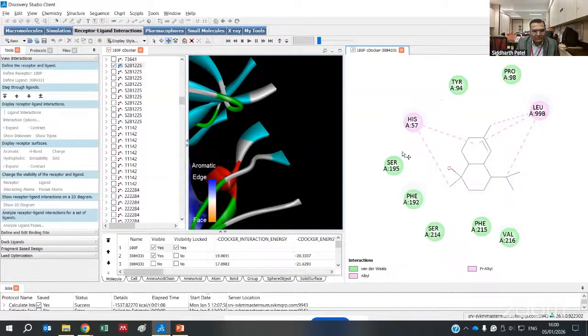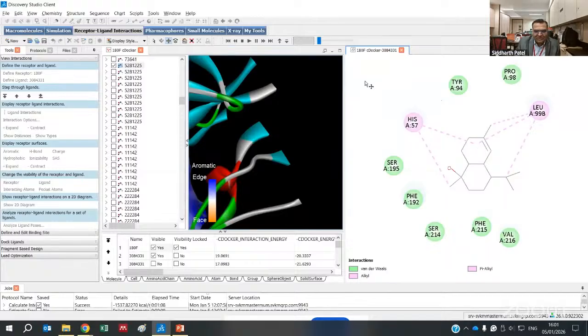So here you can see the different interactions of the aromatic ring. The aromatic ring has interaction at histidine, 57 number amino acid, and 99B amino acid, leucine. So these two amino acids are interacting with the aromatic structure.